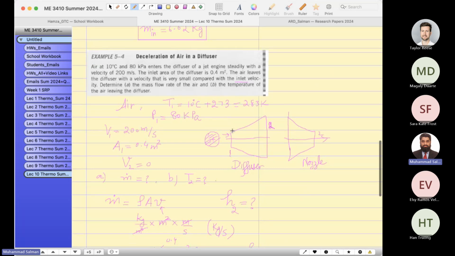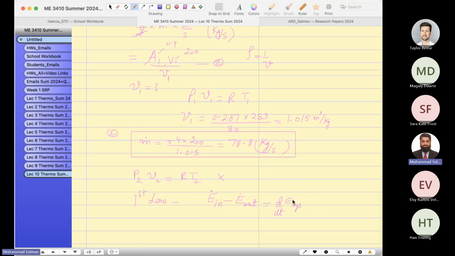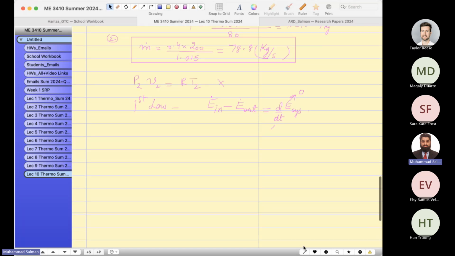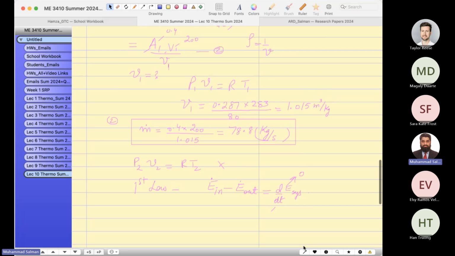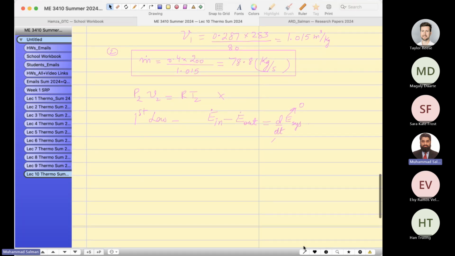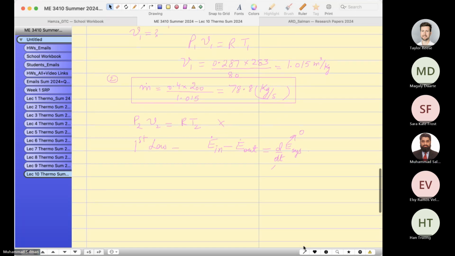The diffuser system has constant mass flow rate as well as constant energy. It's a steady state, so the right hand side, which does not change with time, is equal to 0. And the left hand side is E dot in minus E dot out.